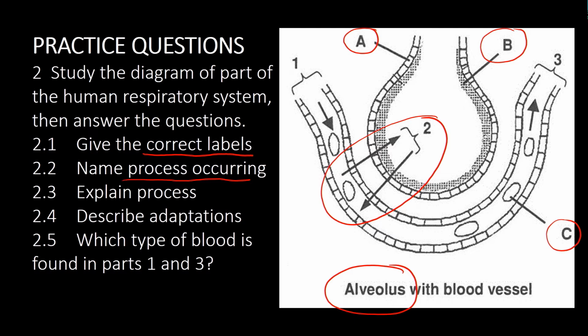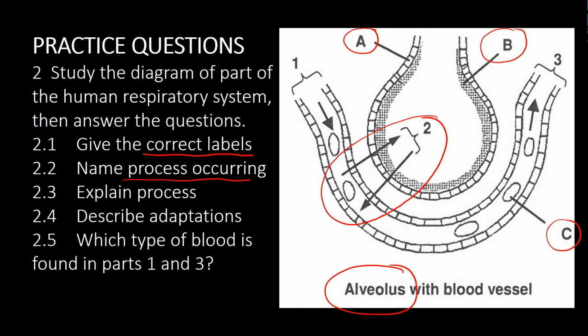You can also sometimes be asked by what physical process does this gaseous exchange occur, and then you would have to say by the process of diffusion, moving from a high to a low concentration. You could also be asked to explain the process, and that would be probably for 3 or 4 marks.